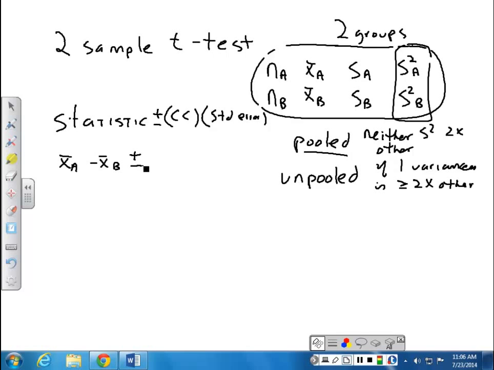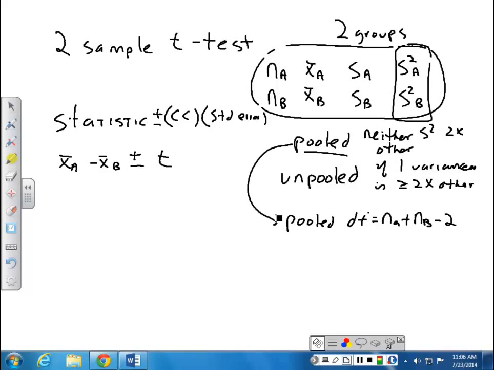Plus or minus a t, and with pooled, the degrees of freedom is equal to NA plus NB minus 2. It will be like NA minus 1 plus NB minus 1. So just add the sample sizes together, subtract 2. That's if you have a pooled.